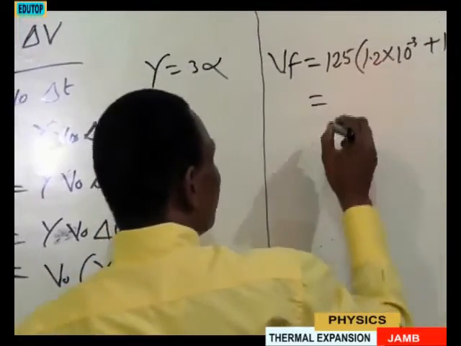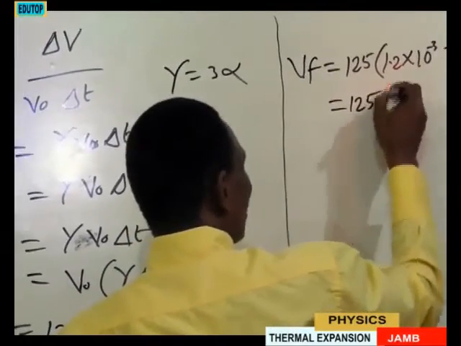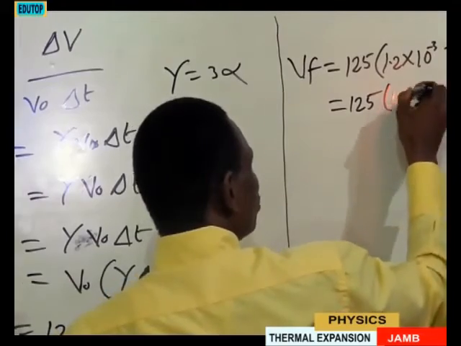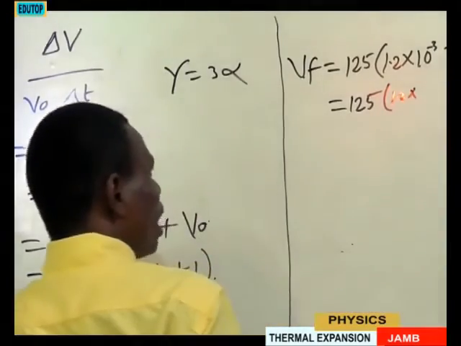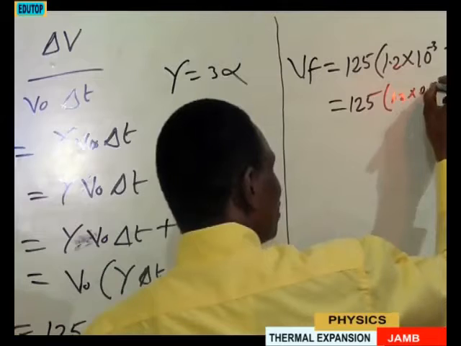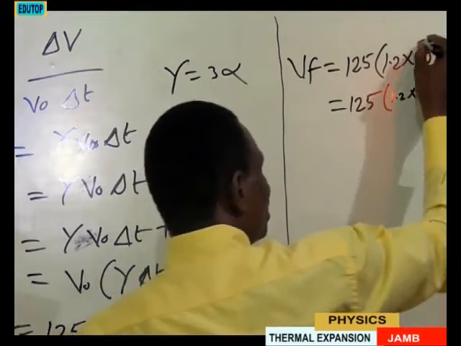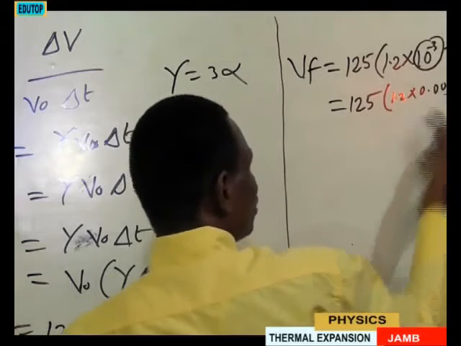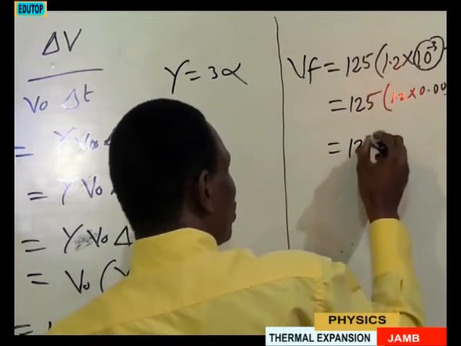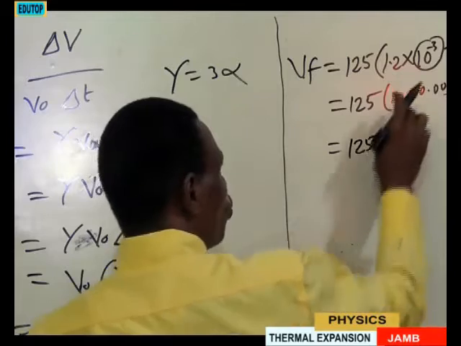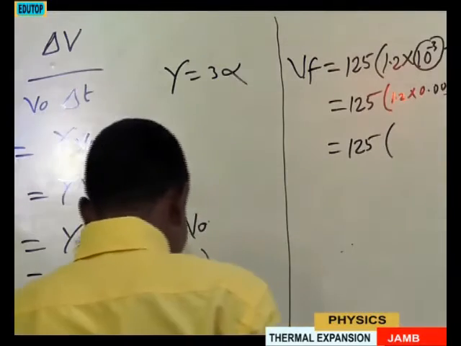Okay? And what will be the value of this? 125 into, this is 1.2 times 10 raised to the power minus 3, which is 0.001, plus 1. So 125 into 1.2 times 0.001.